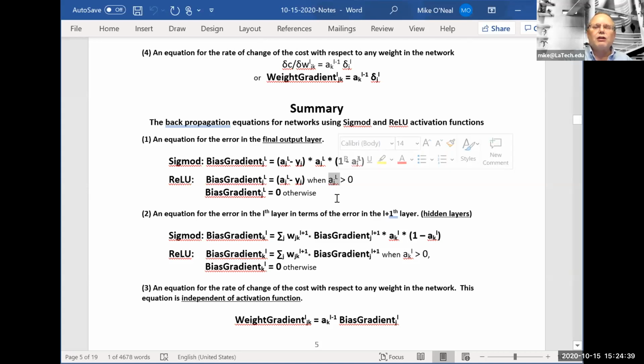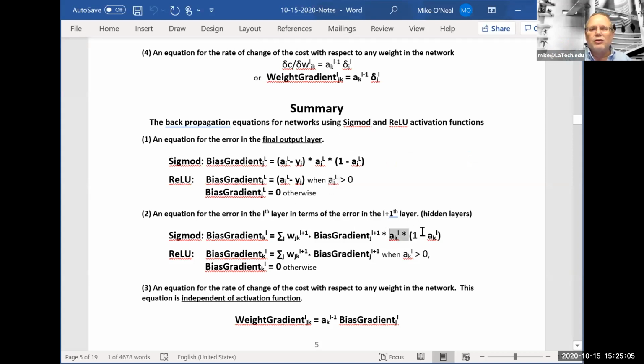Right? So you don't have to worry about keeping up with Z, the weighted sum of the inputs plus the biases separately. You can just use the activation that you already have stored in your matrices. And I do the same thing here on this one. So this was the equation for the final layer, the equation for the hidden layers.